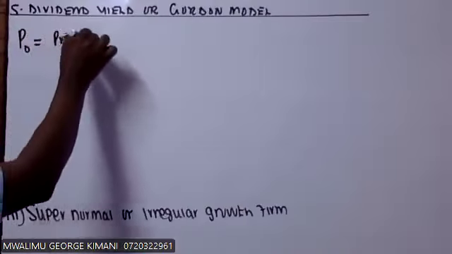And therefore, P naught should be equal to the dividend that was declared last time, that is 7.3, 2018, times 1 plus 0.09922. You divide this by KE, the cost of equity.